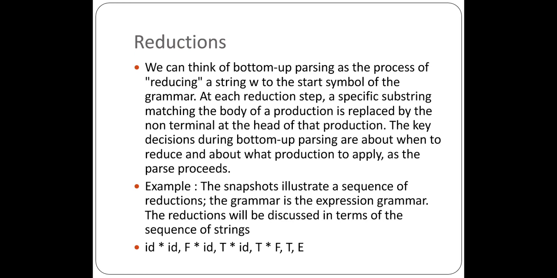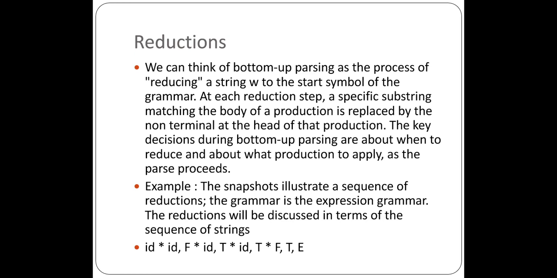We apply the productions, for example, T gives F. Now the F will be reduced to T. So from the rightmost symbol, we move towards the leftmost symbol in the productions. These types of conversions we call reductions.